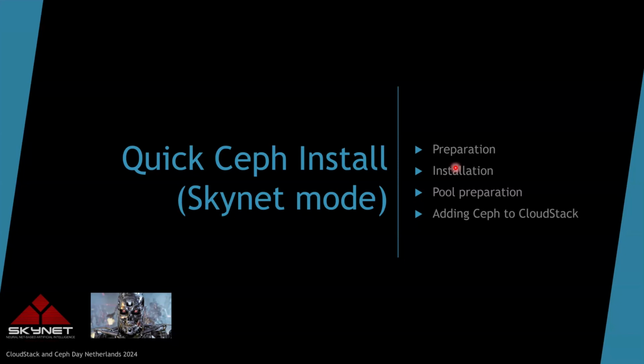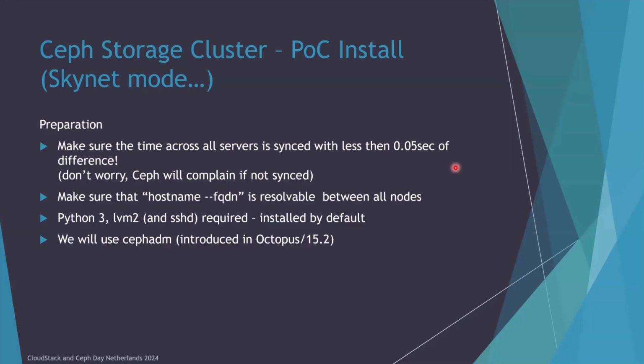But what is at the moment recommended in the documentation for a smaller deployment is the cephadm, or Ceph admin, tool. I'm making a joke here: this is Skynet mode because, as you'll see a bit later on, it's doing things on its own, really. And I'll explain what I mean by that.